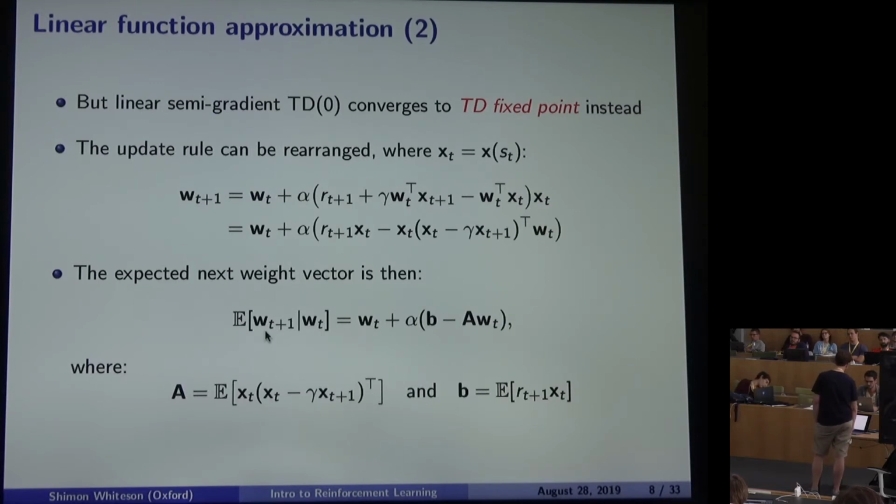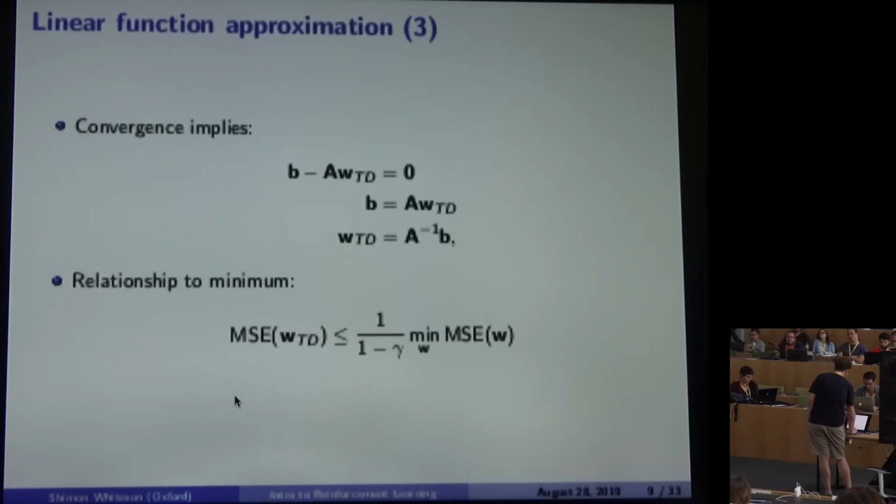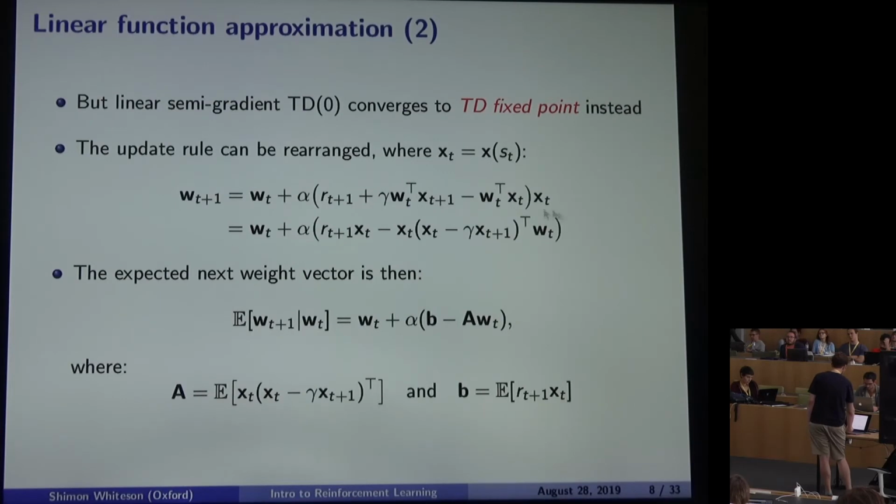The expected new weight vector given the old weight vector can be written as the original weight vector plus the difference between this vector and this matrix times our weight vector. And what is this matrix? It's just the expected value of this term from our update. And what is this vector? It's just the expected value of this term in our update. So we can separate our update into these two quantities involving A and b and then write it in this nice form.